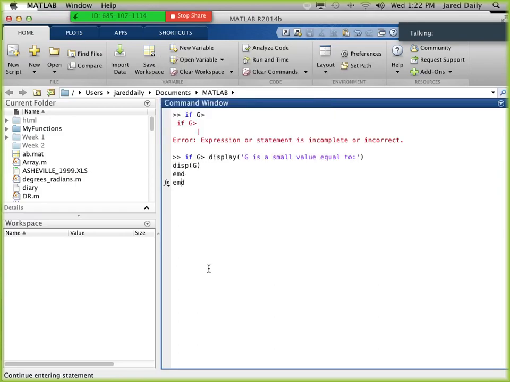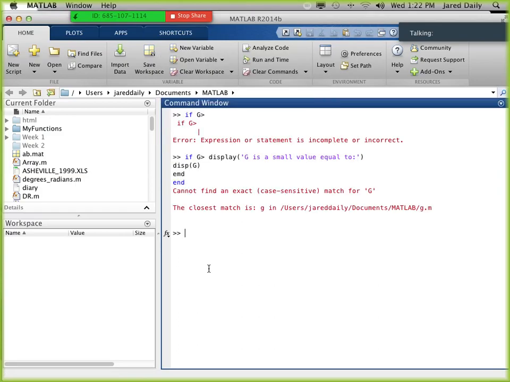Oops. So, it doesn't know what G is, but let's make a G, right? I need to enter a G actually.